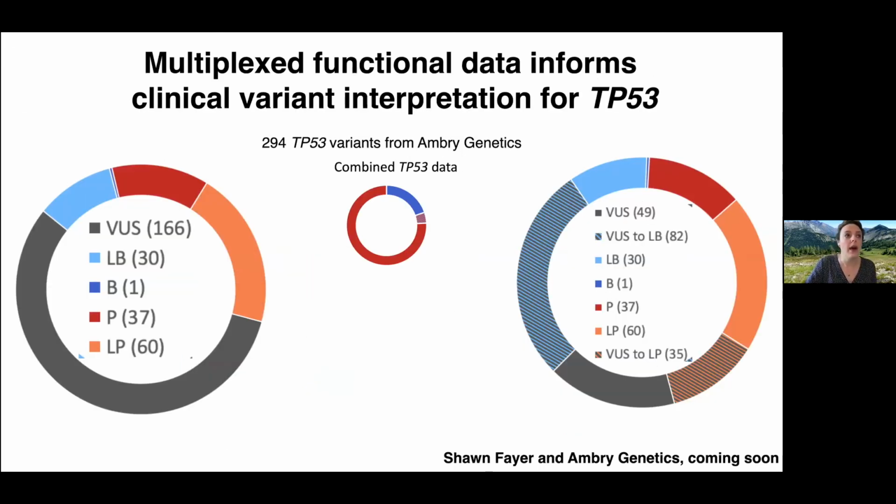Okay. So how well did this work? Again, there were 166 VUS in Ambry's data set.